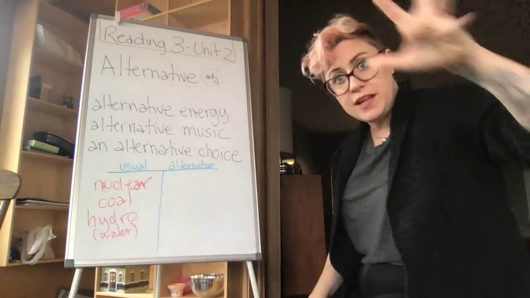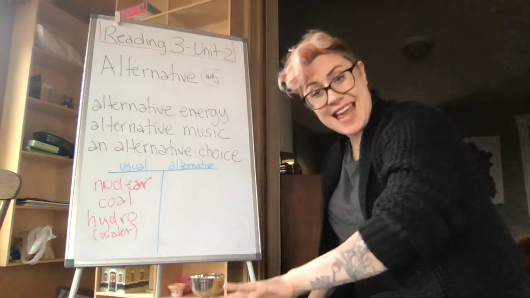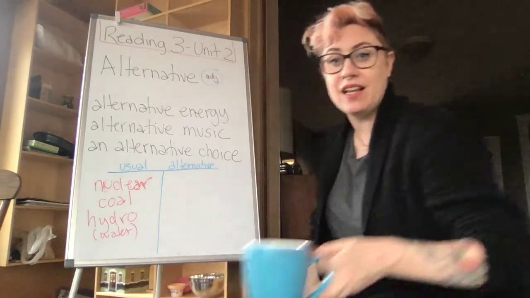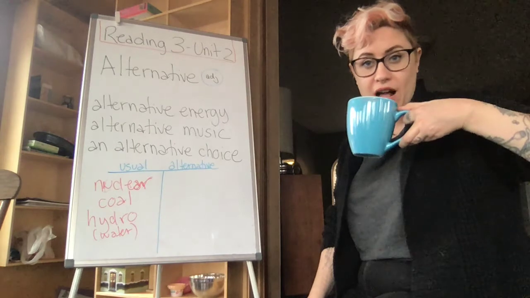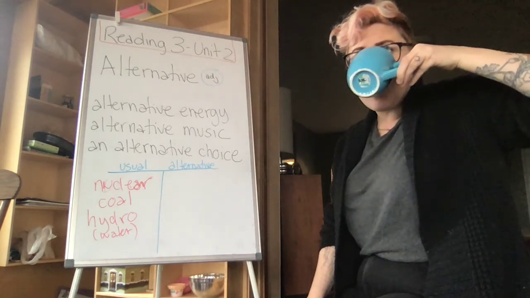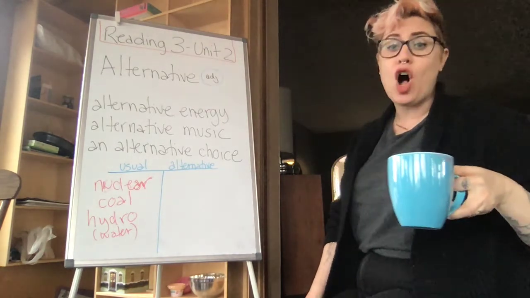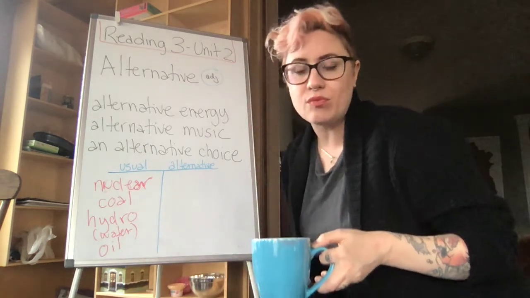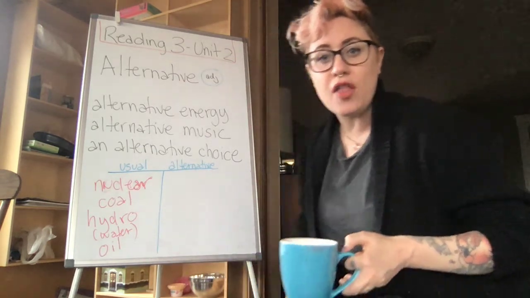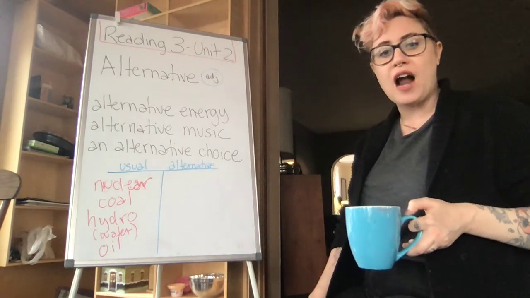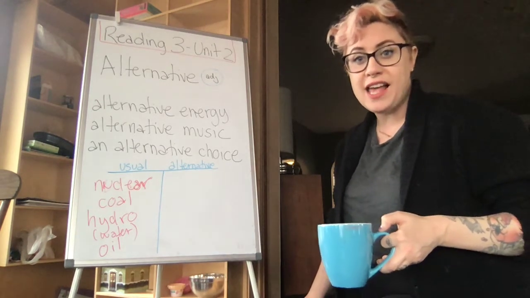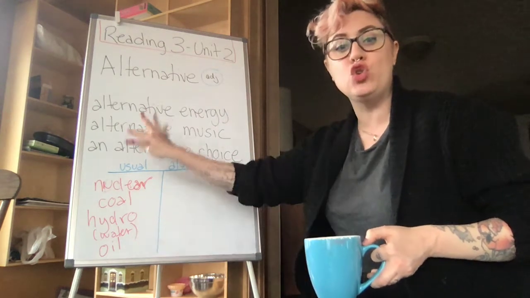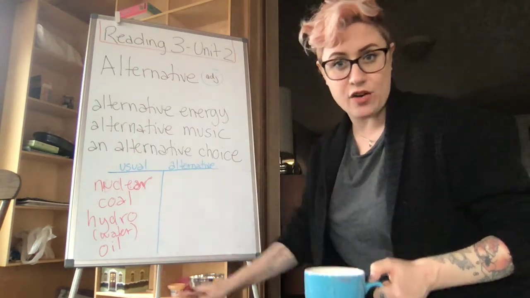So moving water like over a dam is where most Canadians get their energy for their houses. Another common source of energy for our cars is oil or gas. So these are really usual sources of energy.